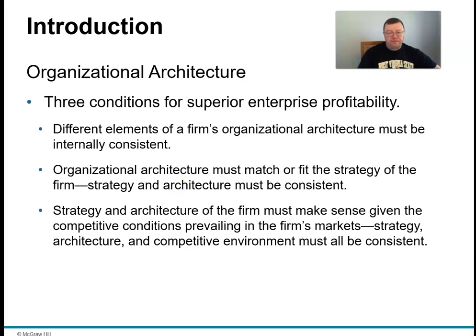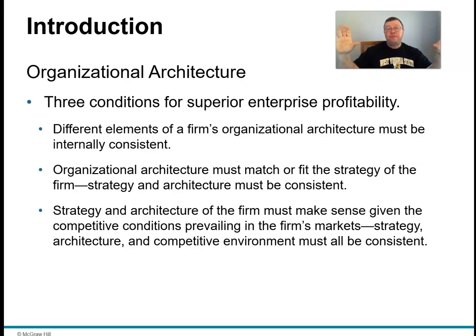Number two, organization has to fit the strategy. When I teach strategic management, we talk about the idea that if we are going to have a low-cost strategy, for example, our selling point is our price. Well, everybody has to know that and push to make price the selling point. On the other hand, if innovation is our selling point, then everybody has to know that and move in that direction.